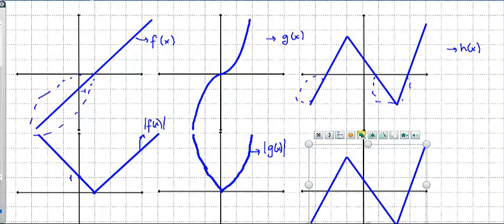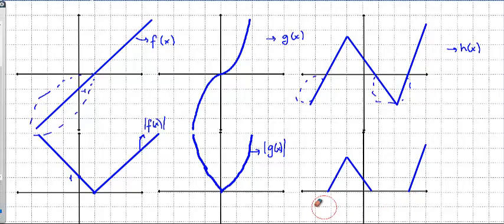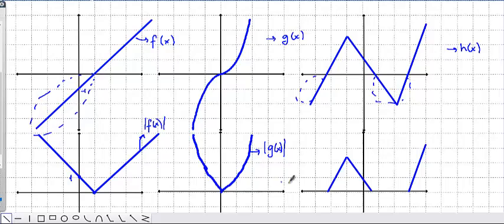Now I'm cleaning the negative parts. This part I clean. And I'm drawing the same parts up. Here it should be like this.